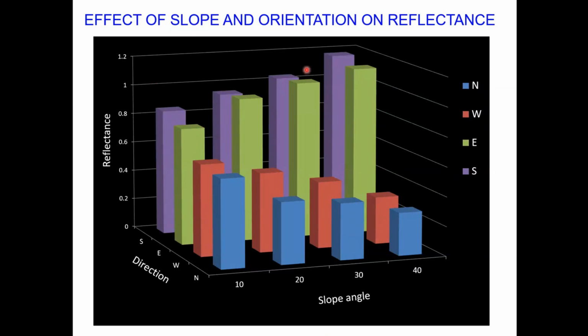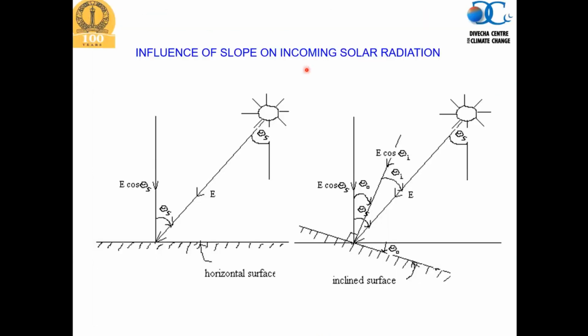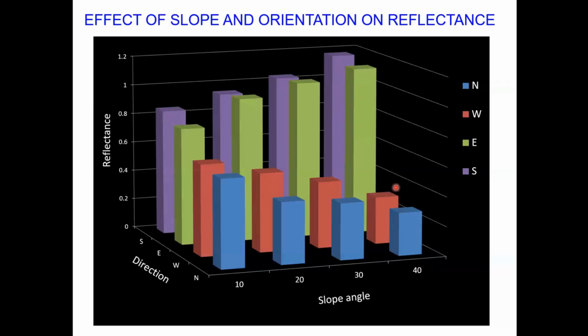So that means if you really want to work on reflectance, you have to work on this idea that you need to correct satellite reflectance for local illumination angle. So theta I is known as the local illumination angle.